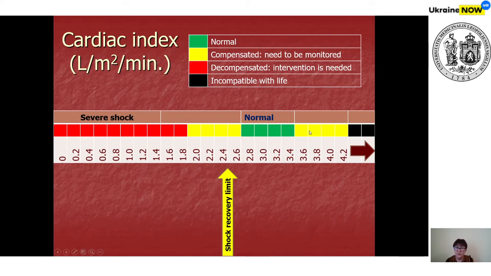In yellow, it's compensated state when the patient needs to be monitored tightly. In red, it's decompensated state, needing immediate intervention. And in black, it's incompatible with life. And the level of cardiac index for adult, 2.5 liters per square meter per minute, is the shock recovery limit.